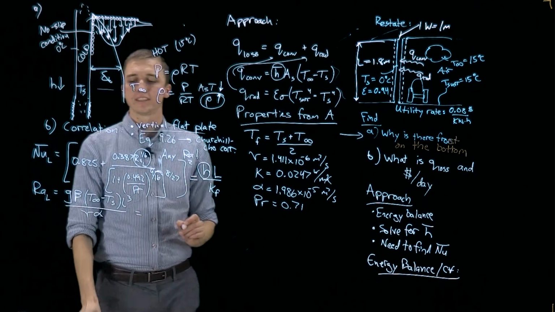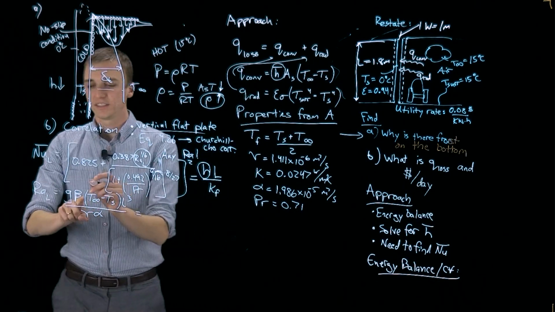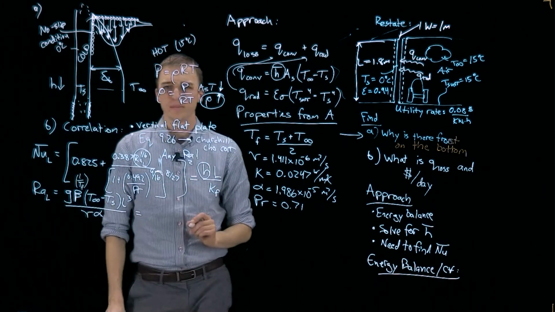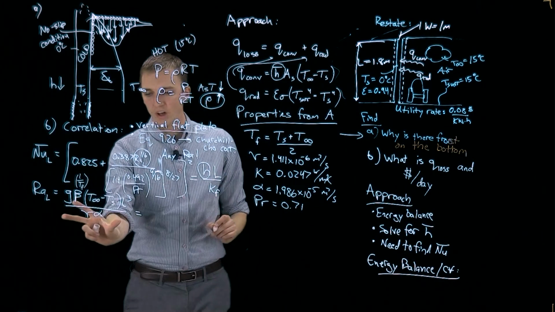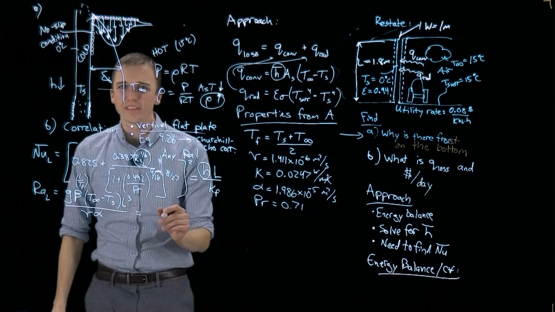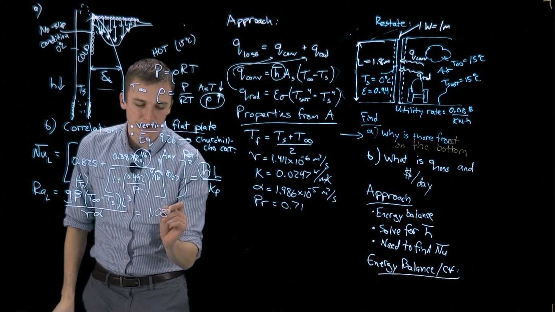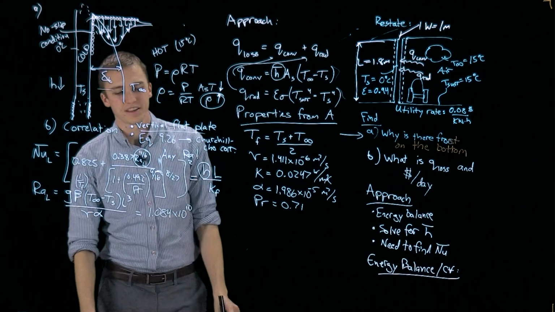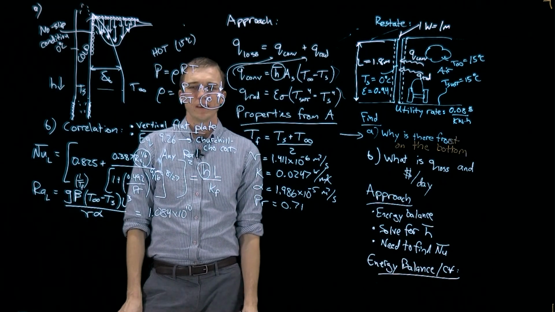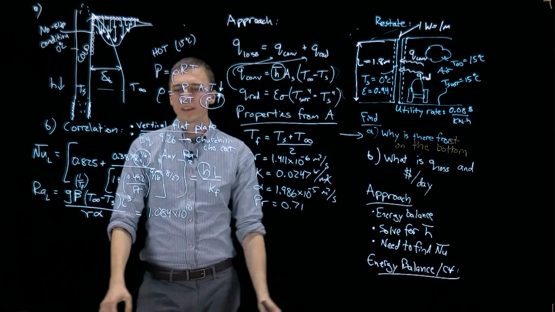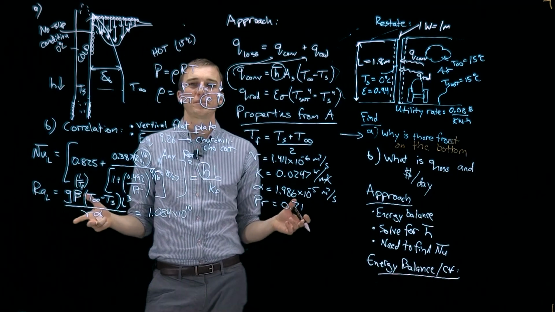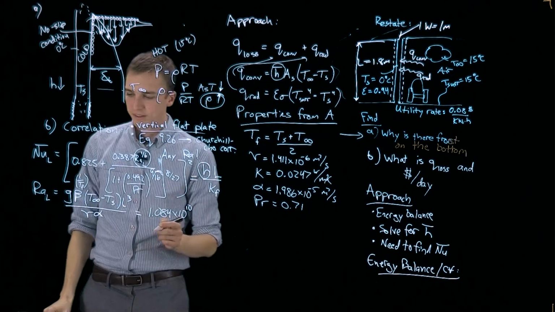Okay, we plug all of these in, remembering that beta is just equal to 1 over T film. And when you plug all of these in, you get that the Rayleigh number is 1.084 times 10 to the 10th. Again, it doesn't matter if it's laminar or turbulent because the Churchill-Chu correlation has no restriction on the Rayleigh number, which is pretty cool.